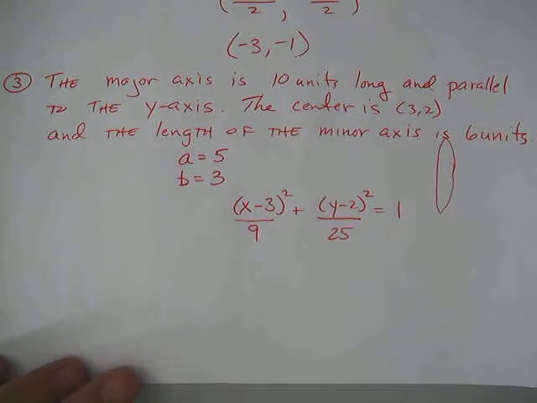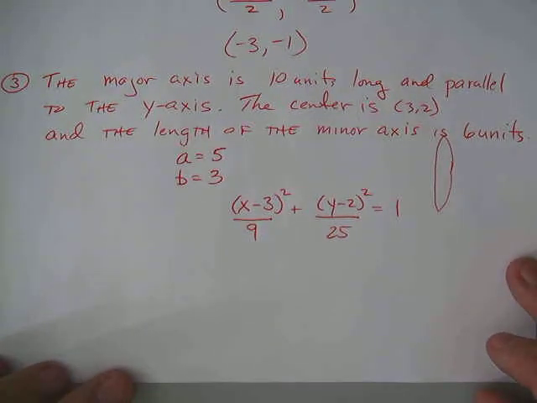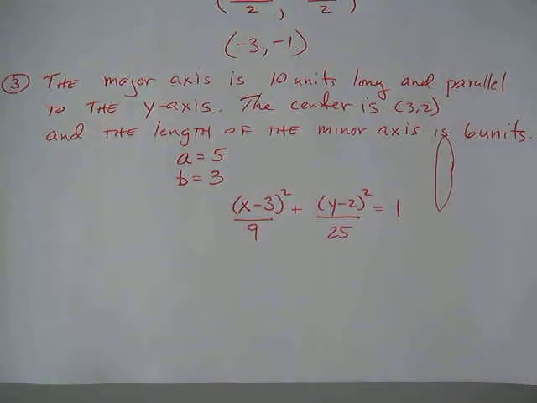Now because it is vertical, that means the y term is going to be over 5 squared, or 25. The x term would be over 3 squared, or 9. And that's it. So sometimes, even though there's a decent amount of writing for us right there, just a little bit of common sense helps us out.